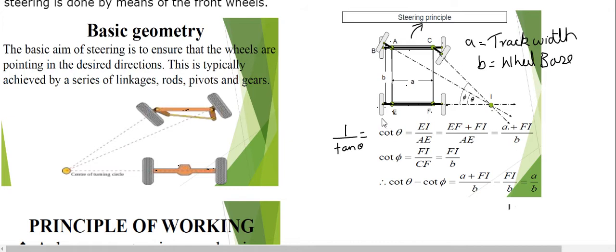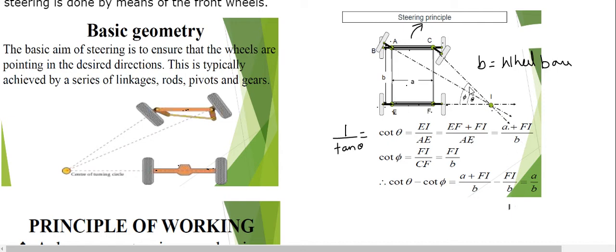But actually track width is measured from the center positions of the two tires. So A is not actually the track width, but A can be assumed as track width. So just forget about the track width, because A is not exactly the track width, whereas B is the wheel base. Track width is actually from this distance to this distance. This is the track width. But A we can call the width of the chassis or width of the body. So we can call it A plus Fi divided by B.